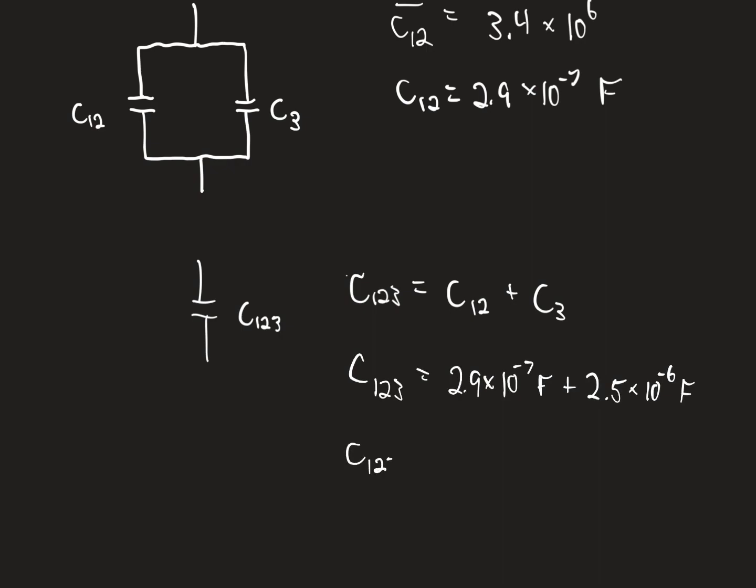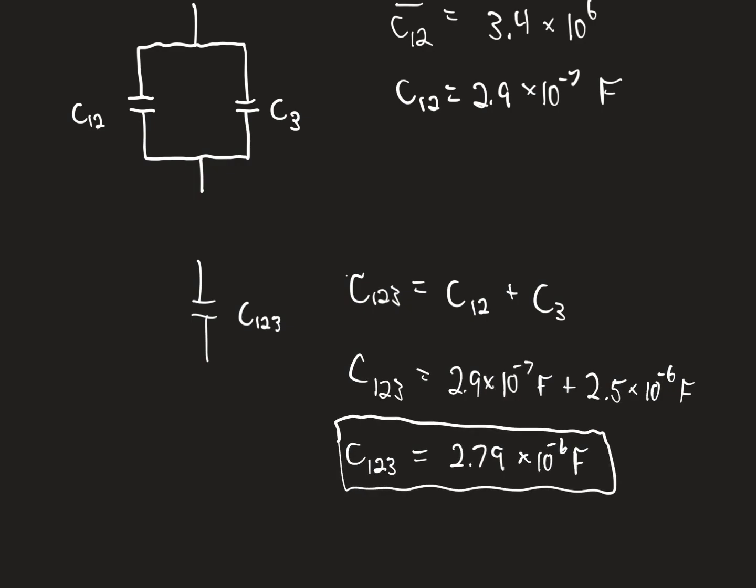So I get C123 is equal to something. What is it equal to? What do we got? 2.79 times 10 to the negative 6 farads. So that's the equivalent capacitance.